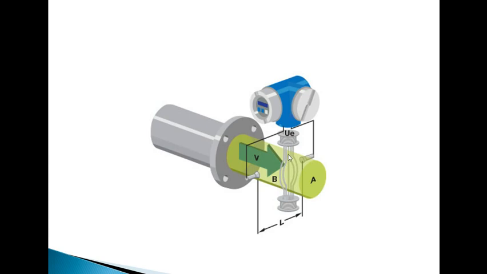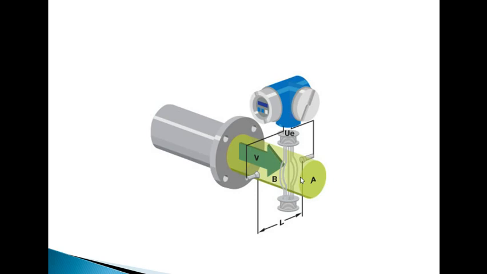Now the liquid is flowing like this, and we are considering this liquid as a moving conductor, and it is now cutting the magnetic flux. Due to this, voltage is generated, and it will be captured by these electrodes. So this flowing liquid acts as a conductor. The length L is the distance between these two electrodes, and it is generally equal to the pipe's diameter.